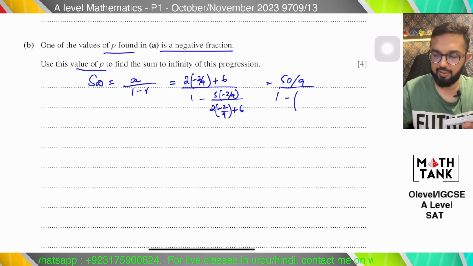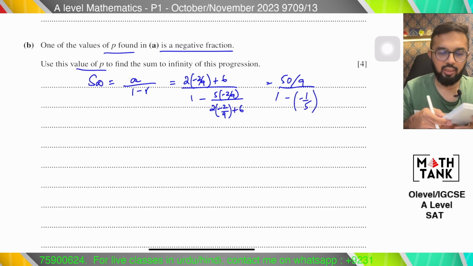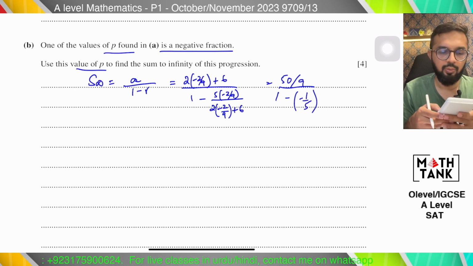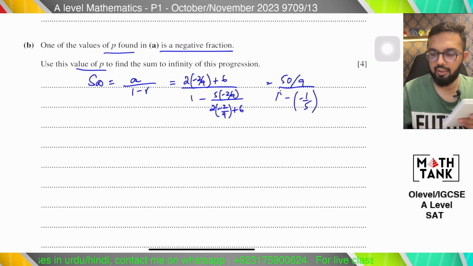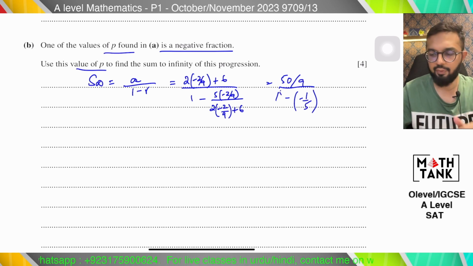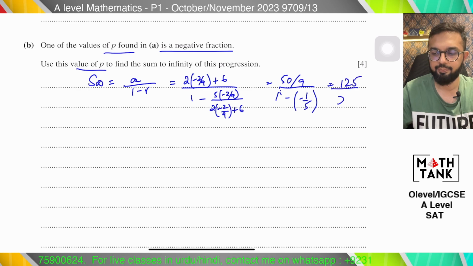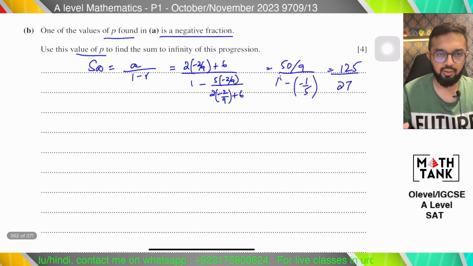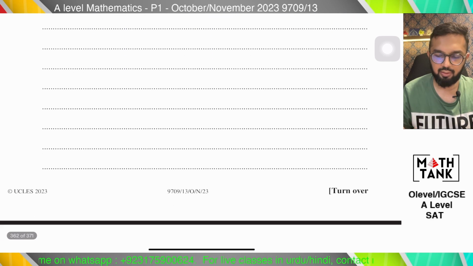I'm getting this as minus 1 over 5. So then I type into my calculator 50 over 9 divided by 1 plus 1/5. I am getting a total answer of 125 over 27. Okay, so simple answer, nothing complicated about that, it's just that you have to get the numbers correct.